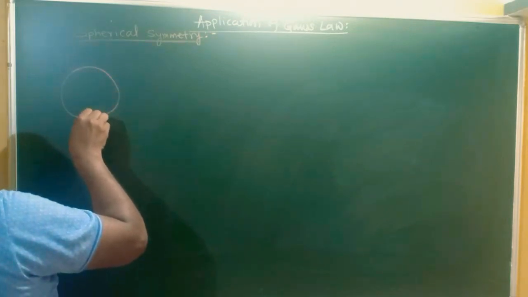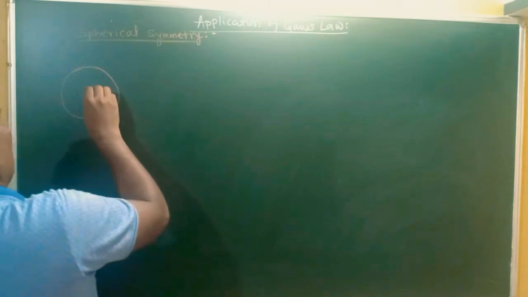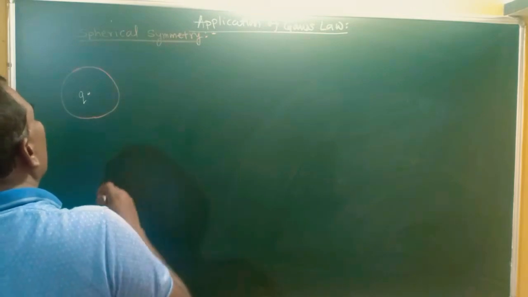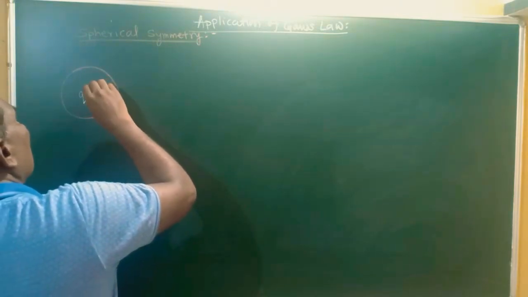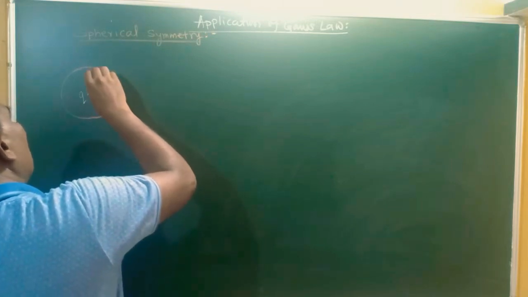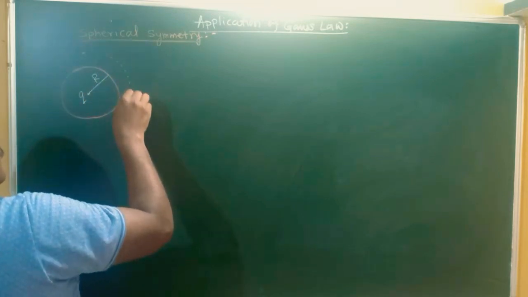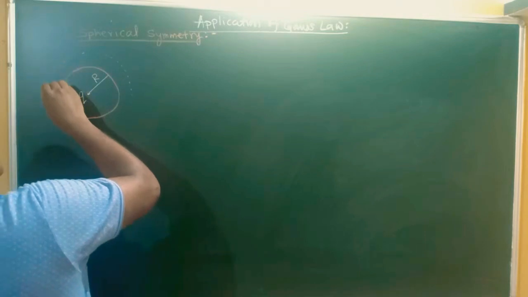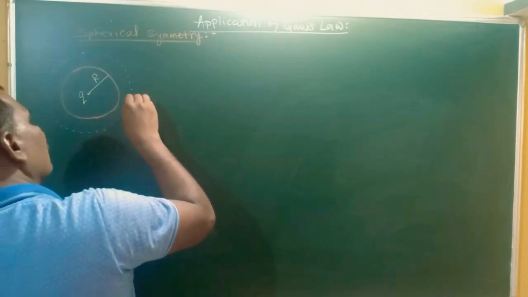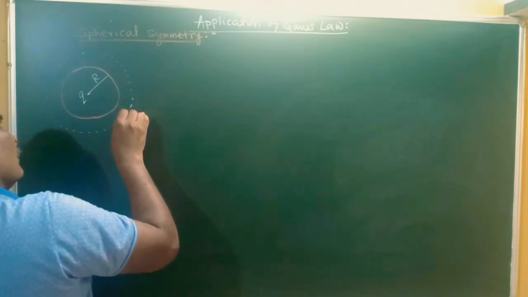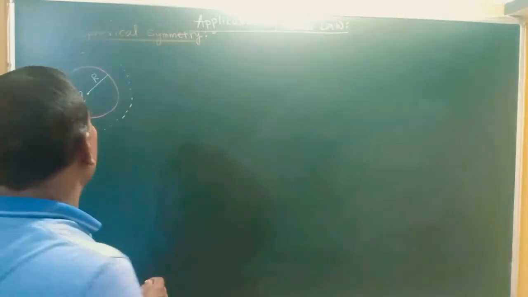This is a sphere having charge, with charge Q at the center, and the radius of the sphere is capital R. Here we draw the Gaussian sphere, or Gaussian surface, and on that Gaussian surface we consider any point P.